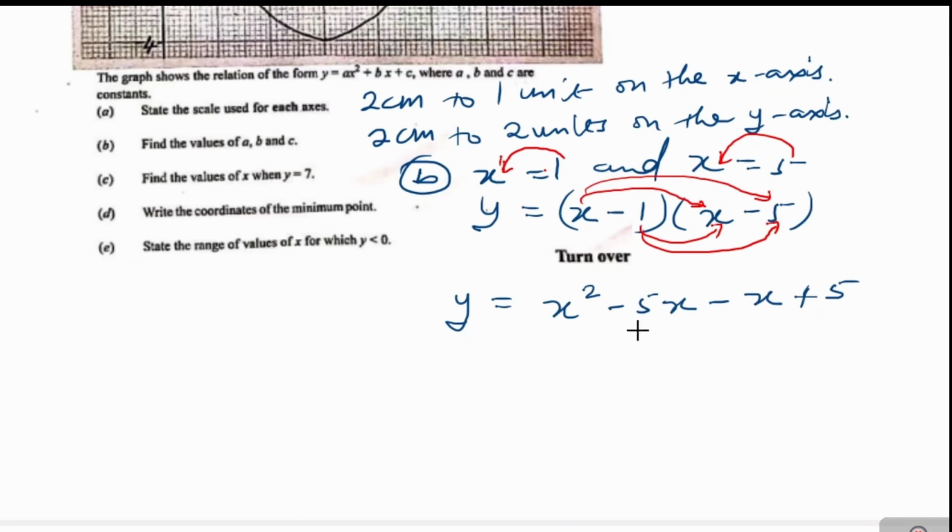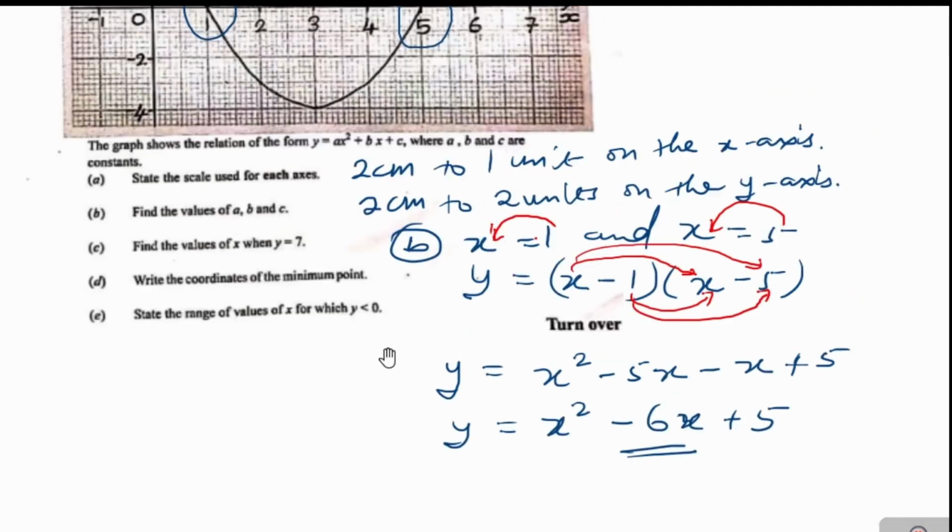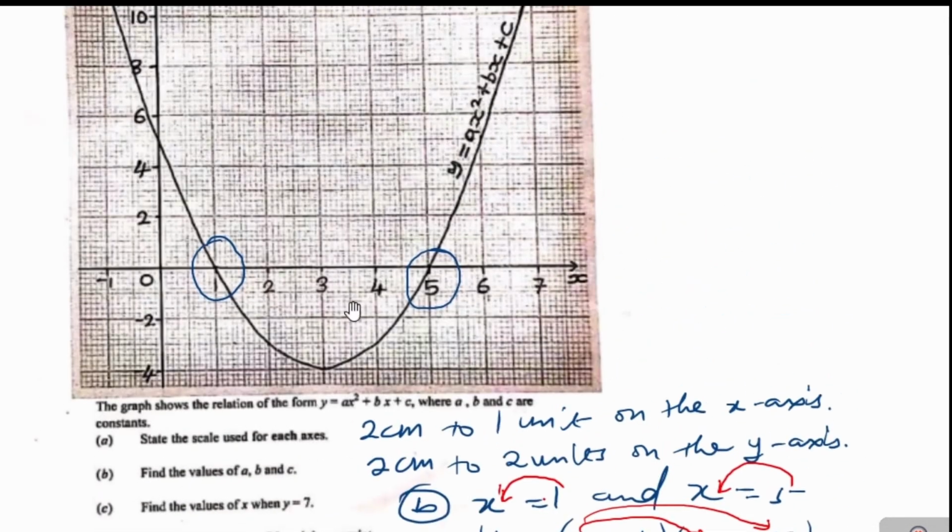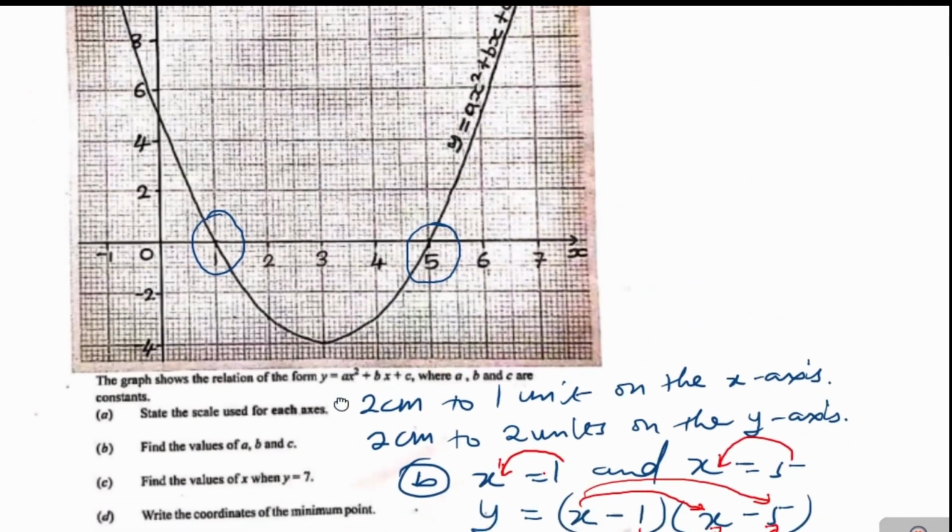Simplifying together, because negative 5x and negative x are like terms, you're going to have x squared minus 6x plus 5, and that is the answer to the B. The relation has now been expressed in the standard form.